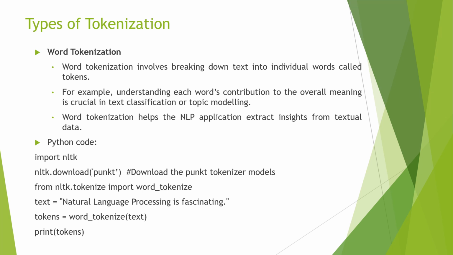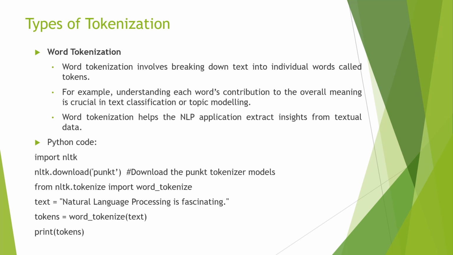In order to implement this, first you have to import the NLTK package. This is a simple package which supports word tokenization and character tokenization. Some built-in functions are available to implement this. First you have to download the punkt tokenizer model, which supports this operation.